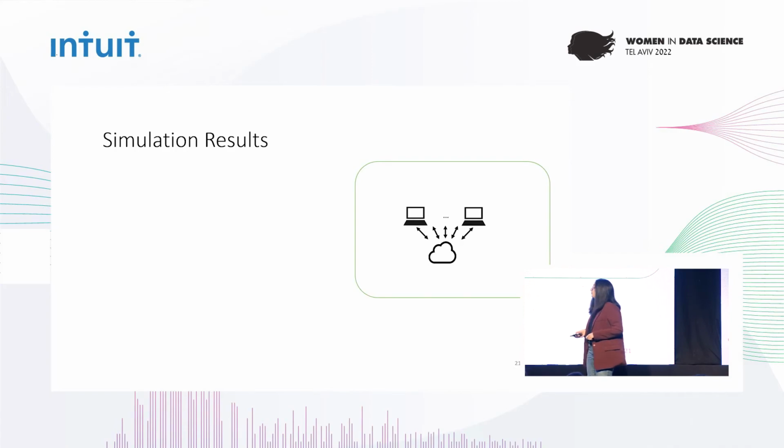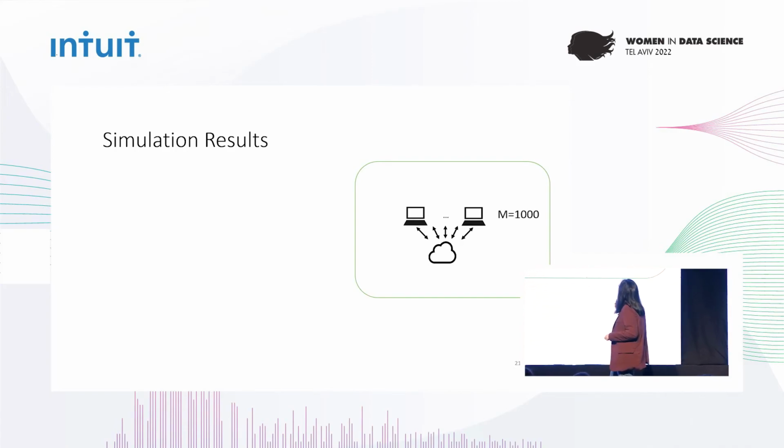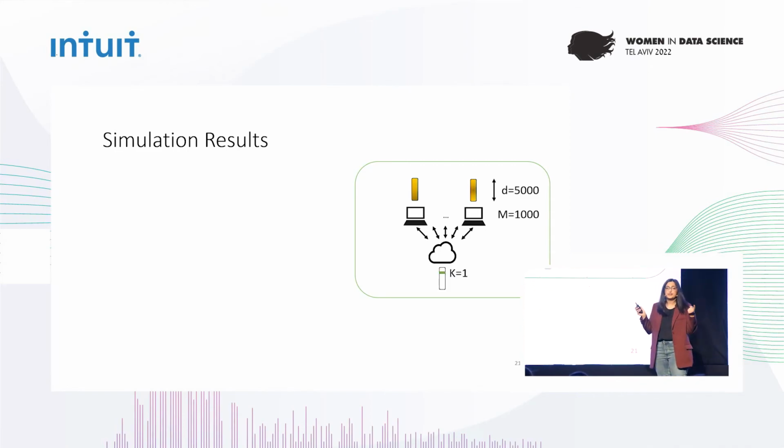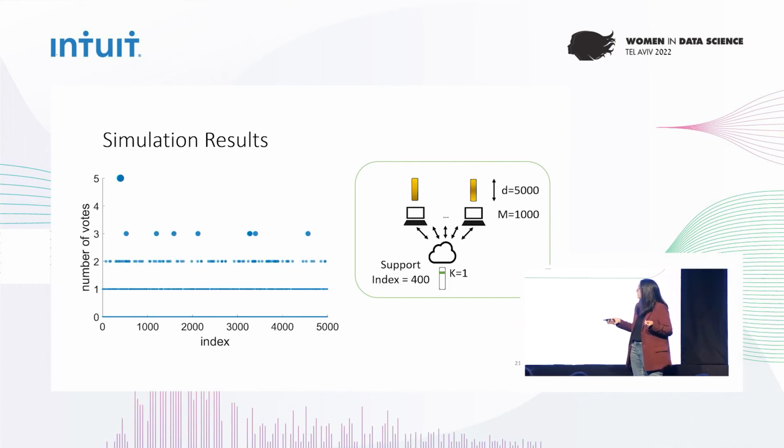So this is a short simulation. We have 1,000 machines. The length of the vector is 5,000, and we have only one non-zero value that we'd like to recover. In our simulation, the support index is 400. What you see here is the index from 1 to 5,000 versus the number of votes that it received.